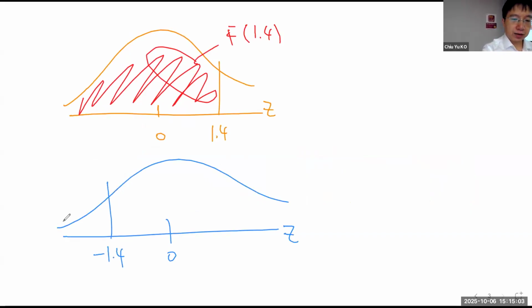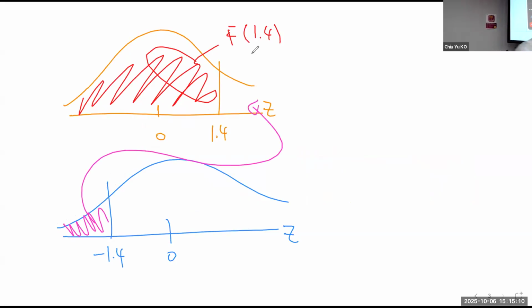It means I have this area, but this area is the same as 1 minus this one. This is equal to 1 minus F of negative 1.4. So I need to look at the table, take F of negative 1.4, subtract it from 1, and that's my answer. So let's look at it.